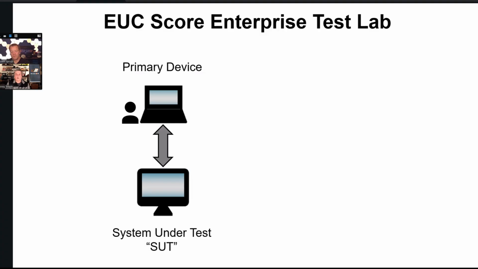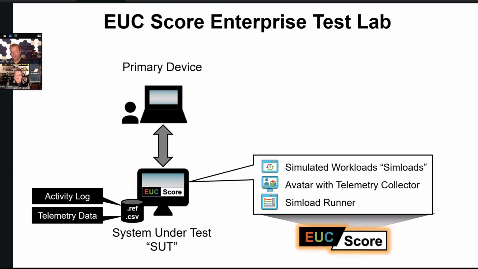For that test, and you will see that later, I used a Windows 365 instance with Citrix built on top of that. Now, as soon as I have access to the system under test, what I do is I install the EUC Score toolset, the simulated workloads called SimLoad.